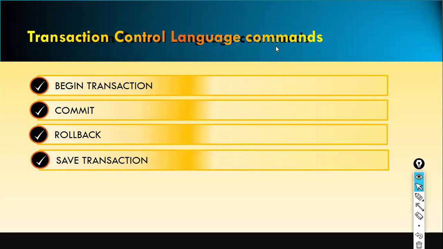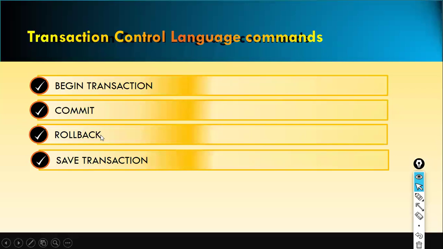Fine. We discussed what transaction control language commands are. As part of this, we have seen what begin transaction is, and we have seen a banking scenario with the two update statements. If any one of the update statements fails, roll back both update statements. If both update statements succeed, only then you need to commit. Commit means permanent changes. Once you make the changes permanent to the table, you cannot roll back.